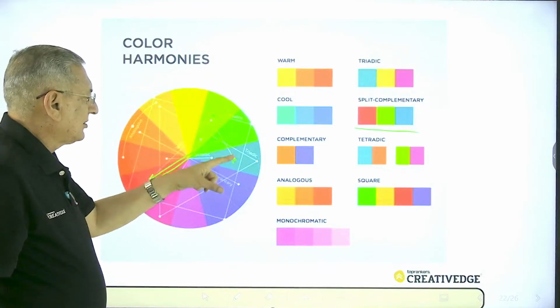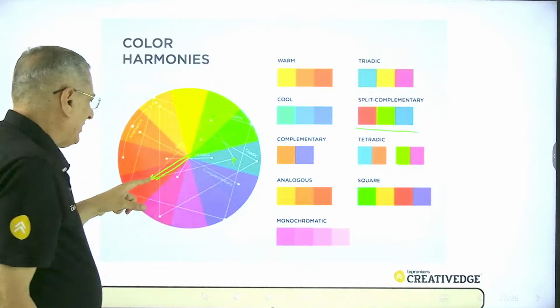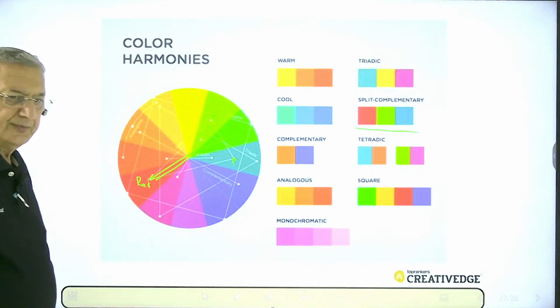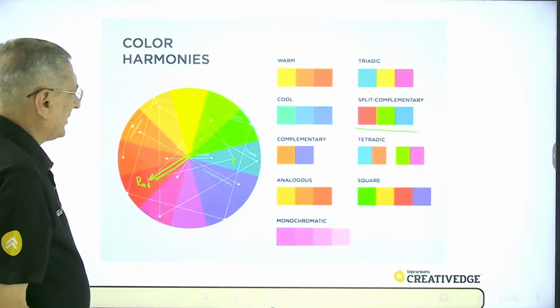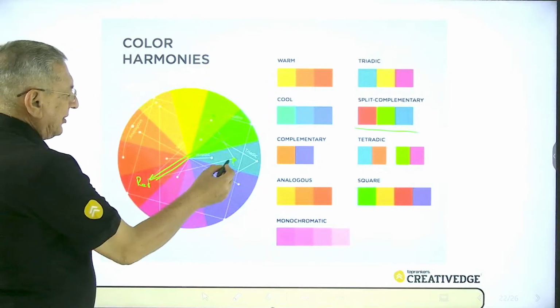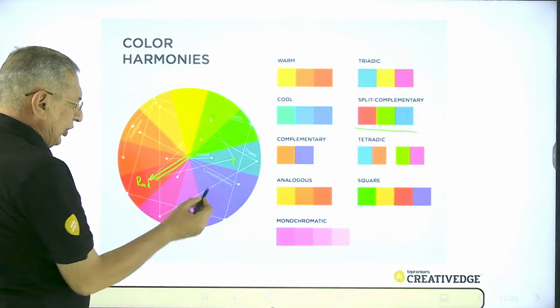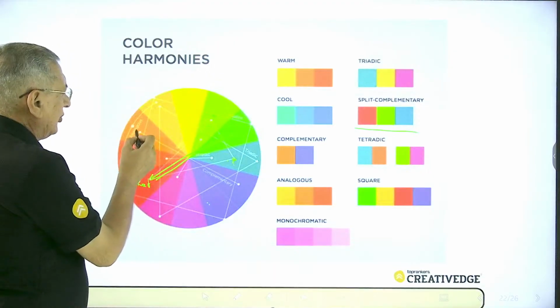So yellowish green and greenish blue are split complementary colors to red. Giving you another example, greenish blue and indigo or bluish violet are split complementary colors to orange.